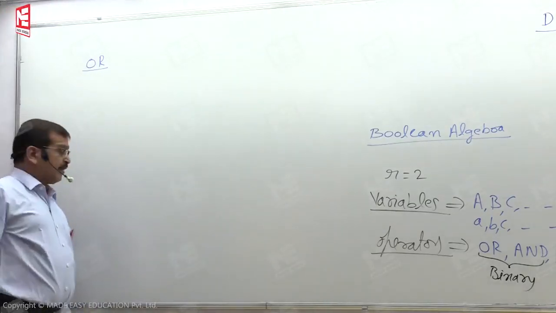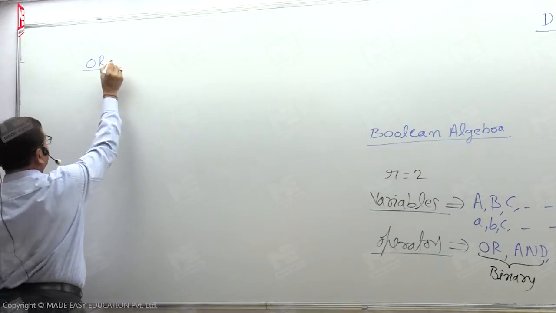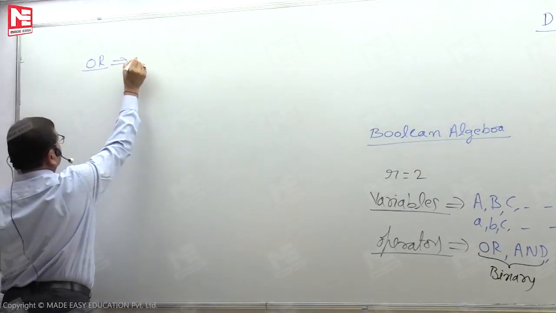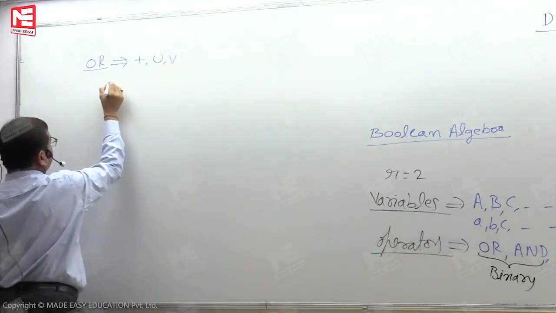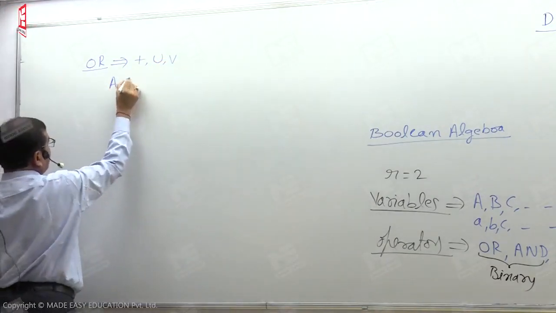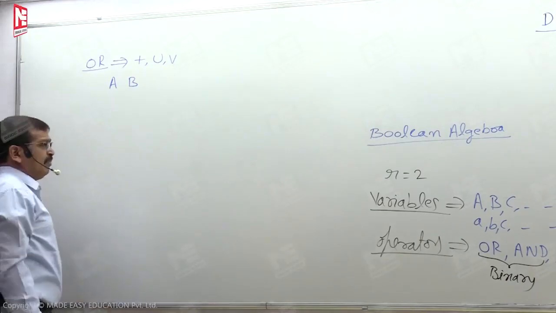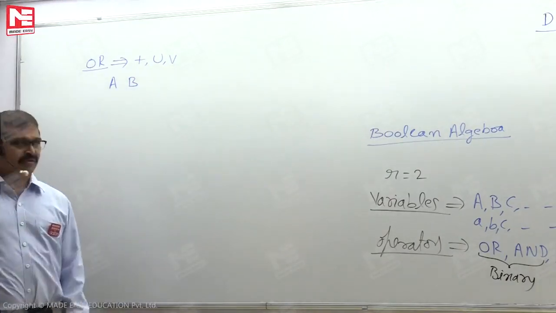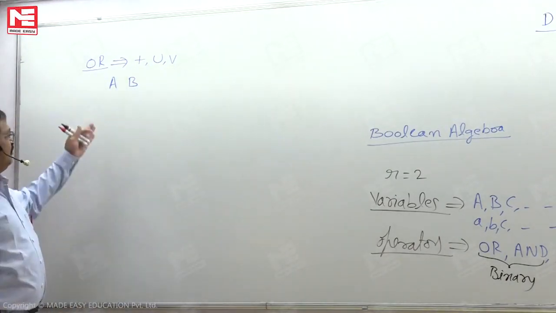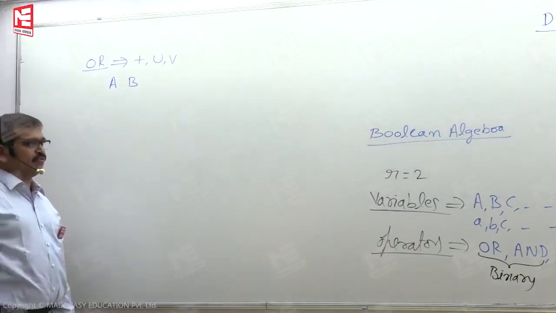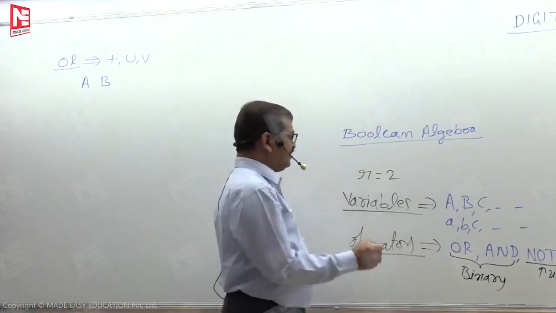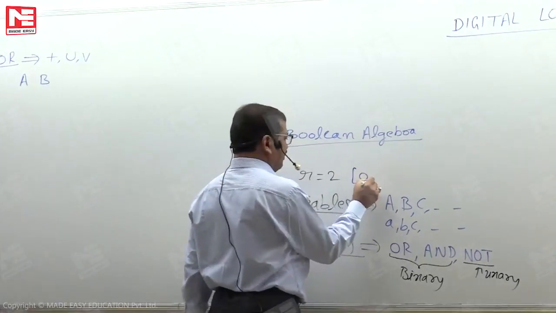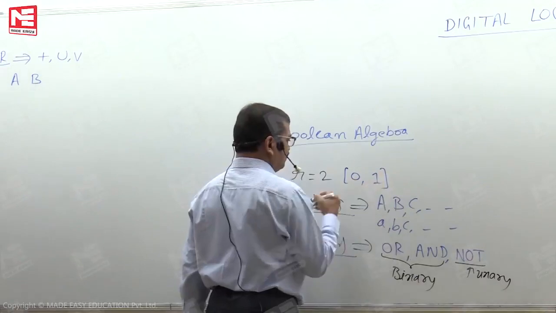The OR operator is symbolically represented by using any one of these symbols. If A and B are binary variables or Boolean variables, you can name these Boolean variables as binary variables also, because the number system here is the binary number system. The discrete values we have are only 0 and 1.